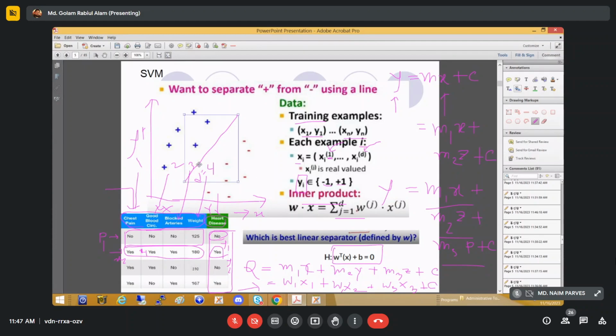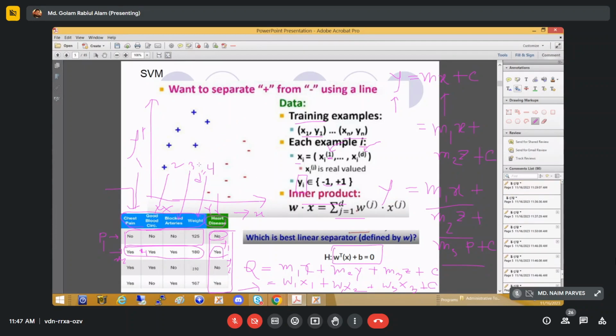So we want to find out the hyperplane equation. Even if we consider that our data set is just 2-dimensional, say we want to predict heart disease based on chest pain, that is, based on just one independent variable, chest pain, we want to find out the dependent variable, heart disease.